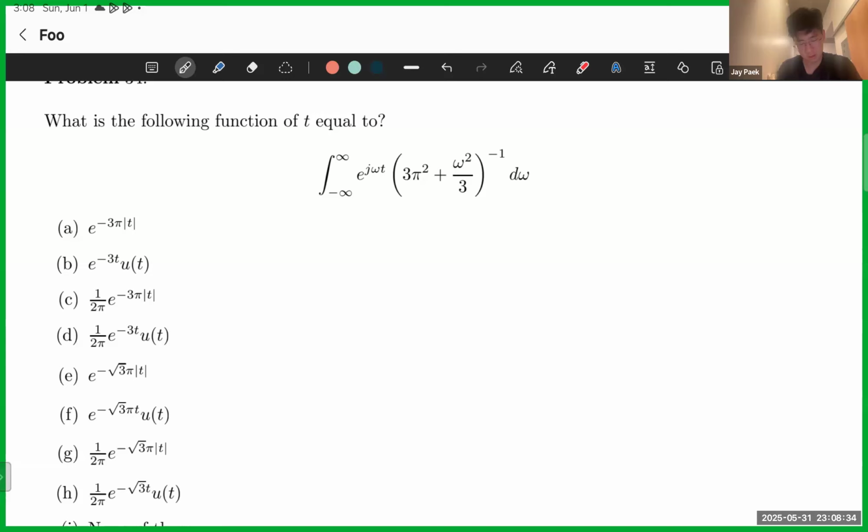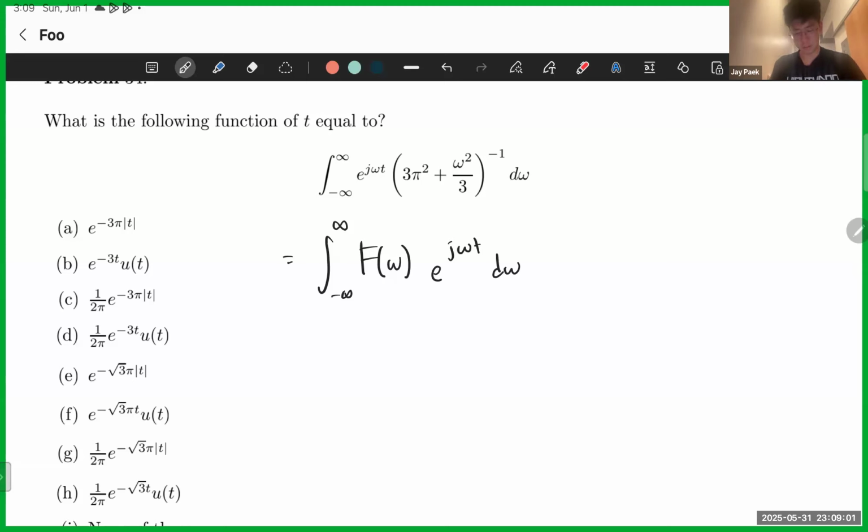Damn, this one's not really fun. Okay, so first of all, it's very clear that this is just an inverse Fourier transform of this function. I hope everyone sees this, but it's 2 pi times that.